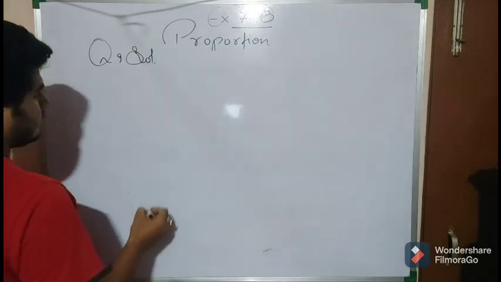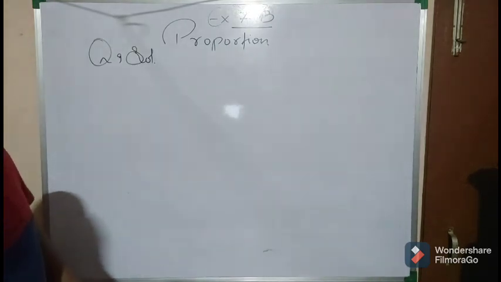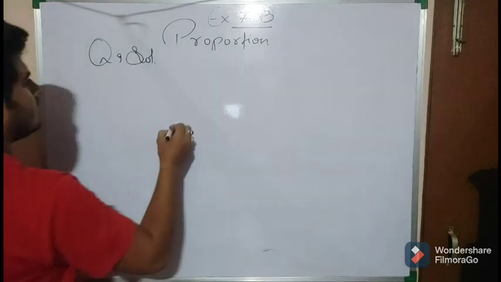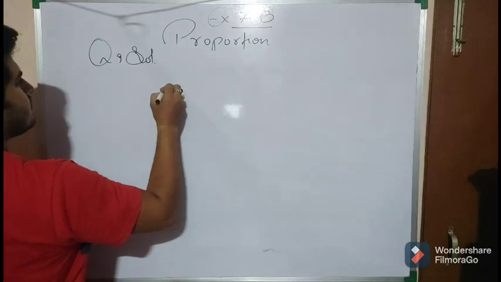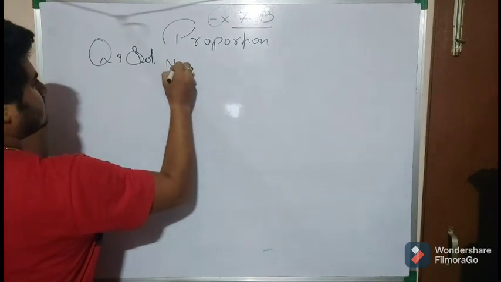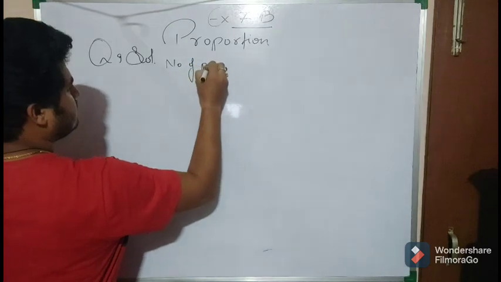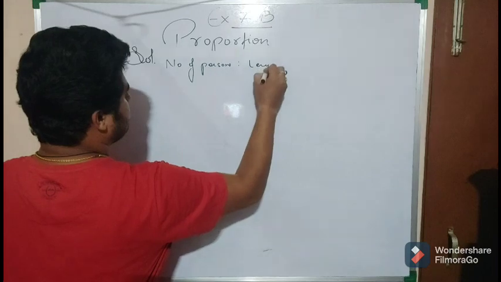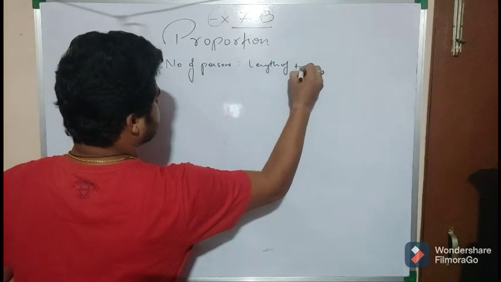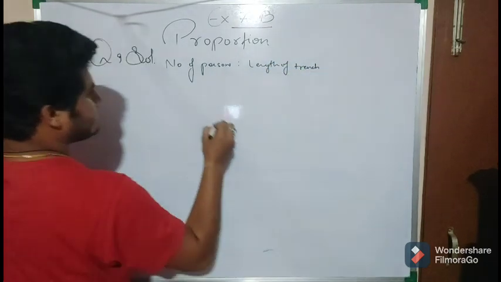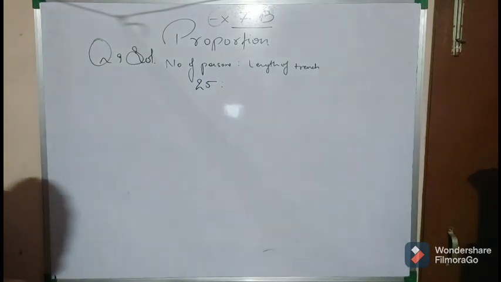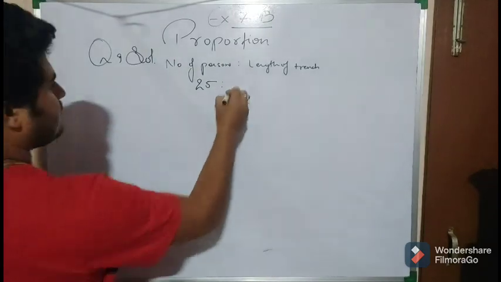So the ratio of number of persons to the length of the trench: 25 persons are digging a trench of how much length? 36 meter long.